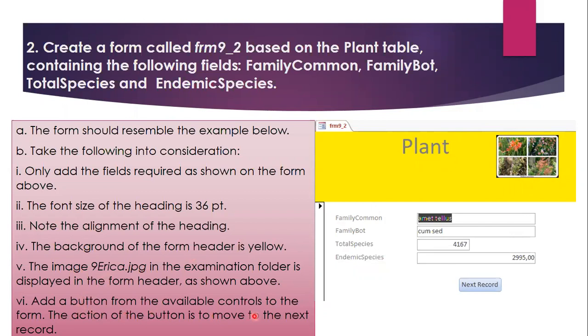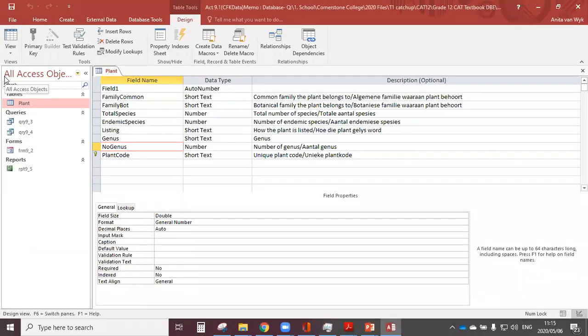And then I want you to add an additional little button there from your controls. And this is an action button that will go to the next control. So let's quickly take a look in our Access database.